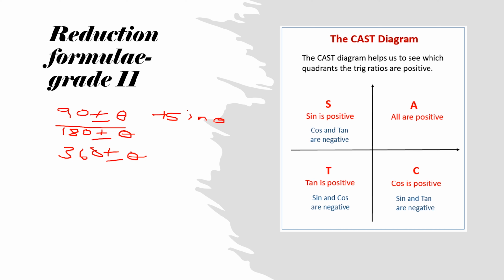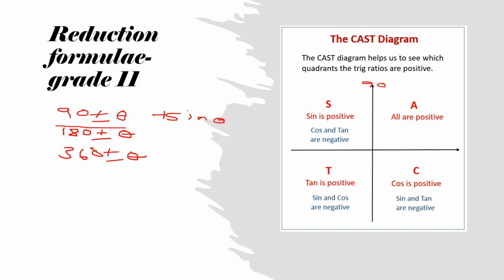This is where the CAST diagram came in. The CAST diagram helps us to remember the signs of the trigonometric functions in each of the quadrants. The CAST diagram is also called the quadrant rule, which has four quadrants: quadrant 1, quadrant 2, quadrant 3, quadrant 4. The CAST rule says that in quadrant 1, which is between 0 and 90, all three of sine, cos, tan are positive.